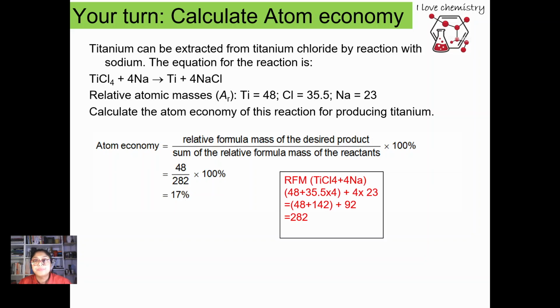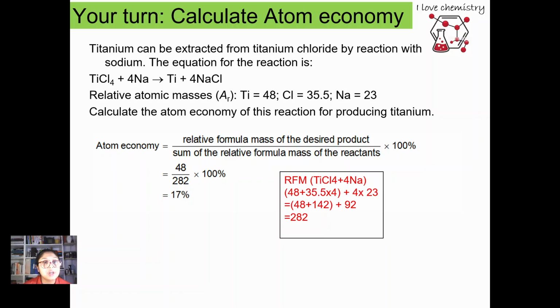Step 1, calculate the relative formula mass of the products, which means here Ti, not the NaCl. Be careful about it because they have specified it for titanium. Step 2, sum of the relative formula masses of the reactants.